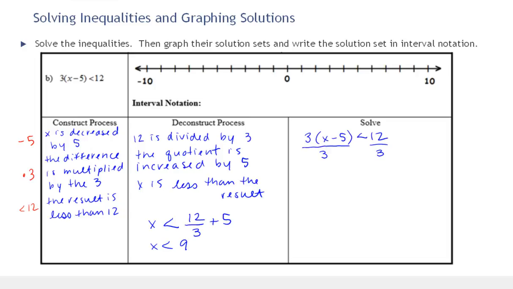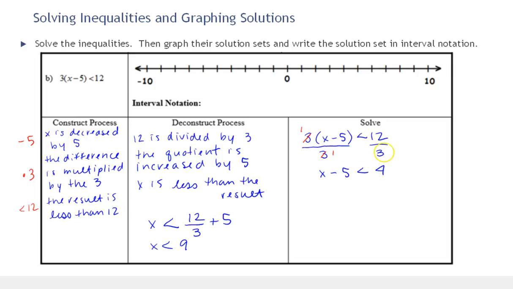On the left-hand side, since this is a product, the 3's cancel to 1, because 3 divided by 3 is 1. It doesn't cancel to 0. Now we have x minus 5. So I'm dropping the parentheses because all I have now is the difference, is less than 12 divided by 3, which is 4.